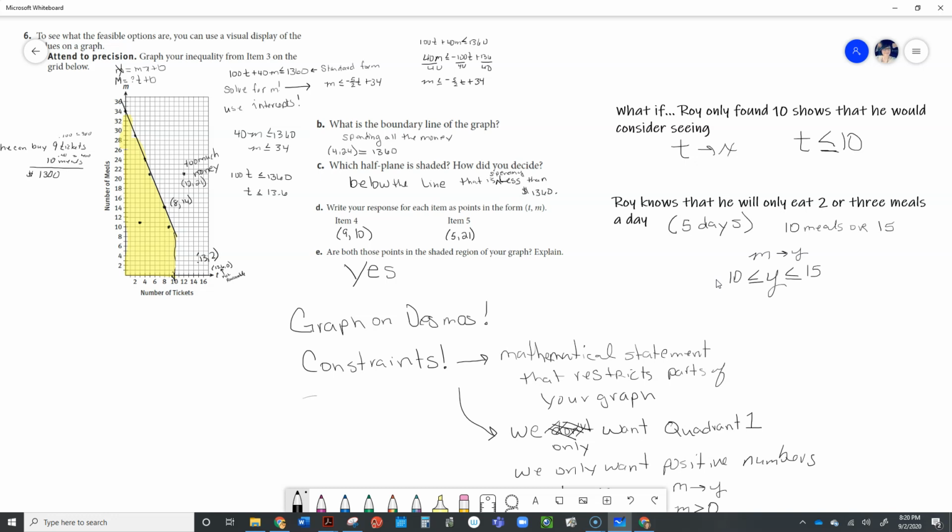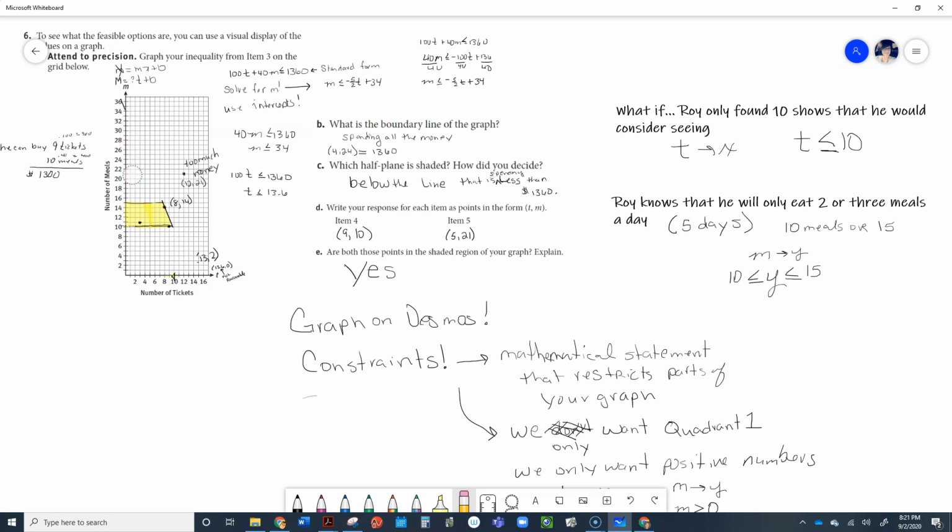So now we're going to go over here to the meals, and what that's going to look like is, here's the bottom number right here. Here's the 10. And then here's the 15 right here. So what that means is this. We now no longer want this section right here. This section's going to be excluded, and this section up here is going to be excluded because it's too many meals.